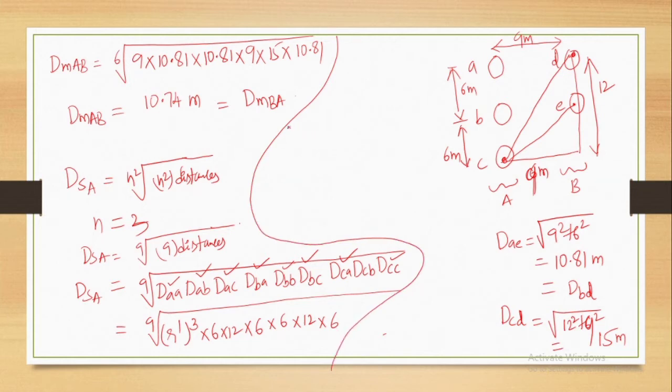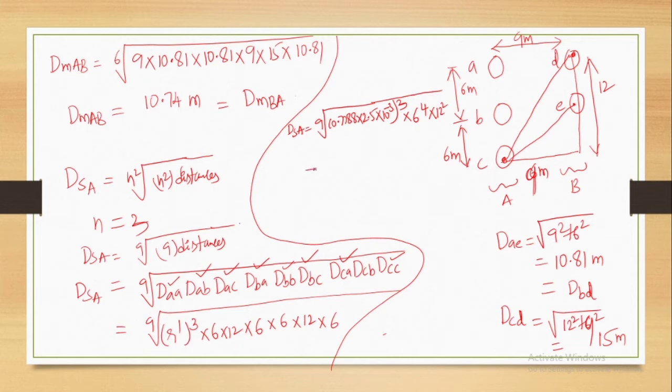So DSA now is equal to the 9th root of 0.7788 into 2.5 into 10 power minus 3, which is the value of R dash, whole cube because there are 3 terms here, into 6 power 4, 12 into 12 square.